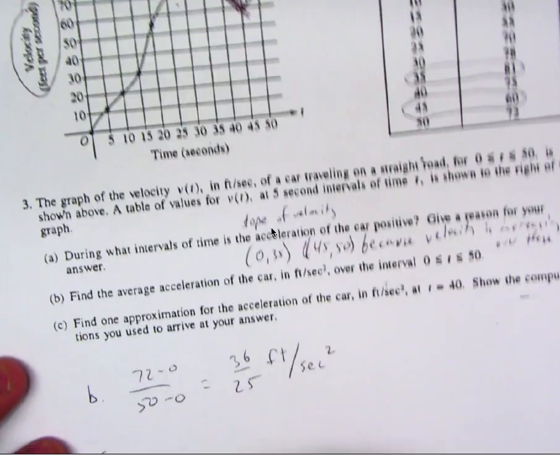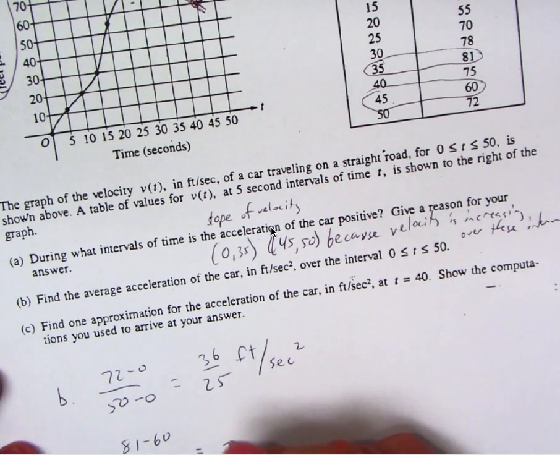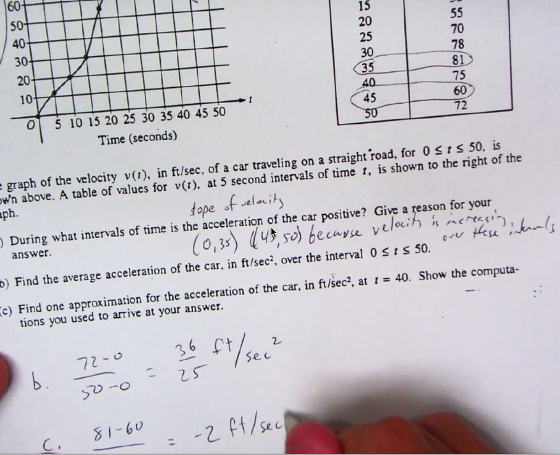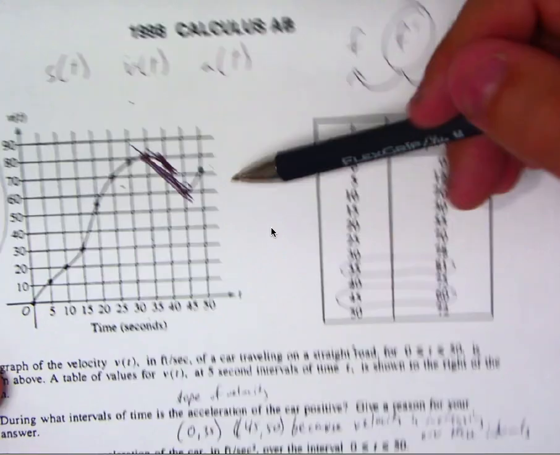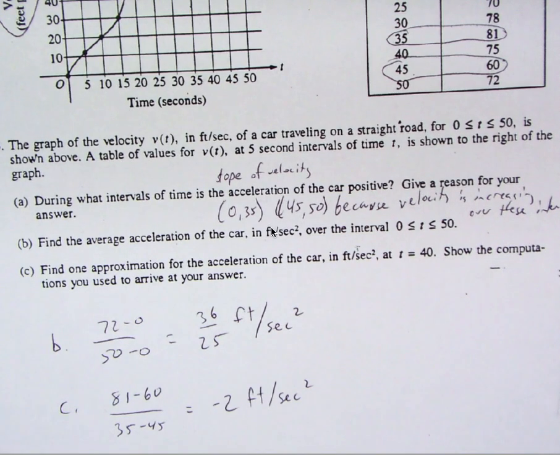So we would do 81 minus 60 over 35 minus 45, and you get negative 2, and then feet per second squared. And notice it should be negative, because the actual slope of the tangent line at 40 is negative. Just a little connection to make there.